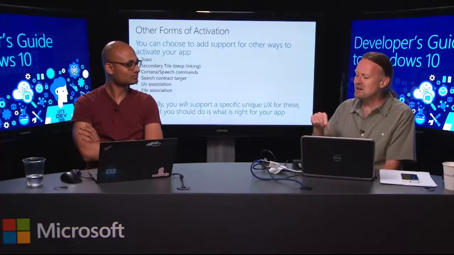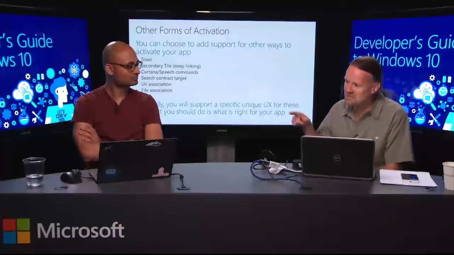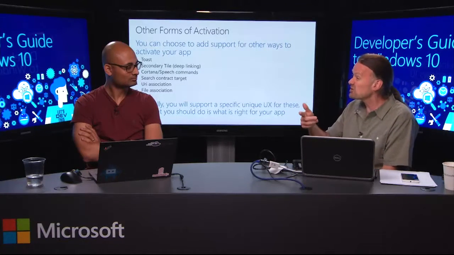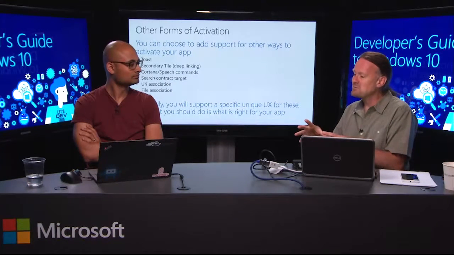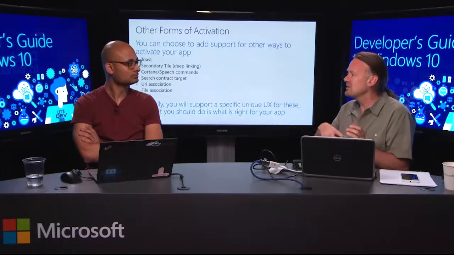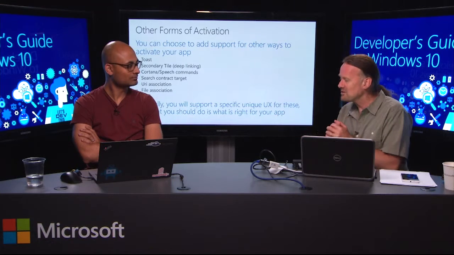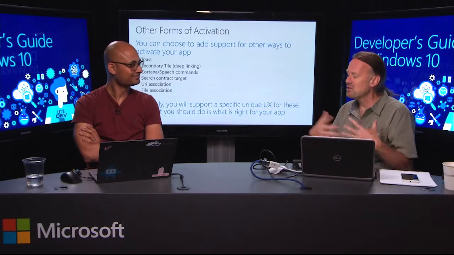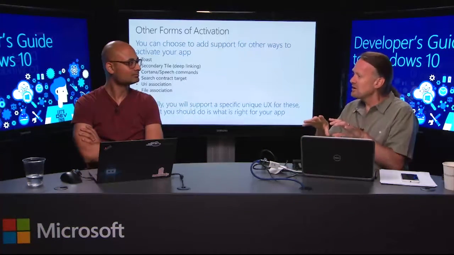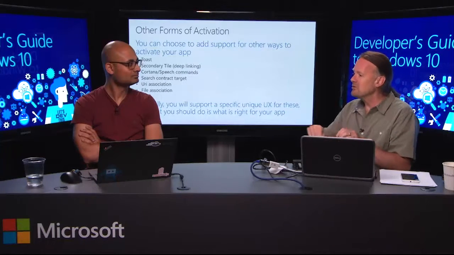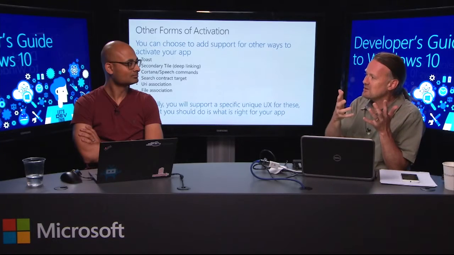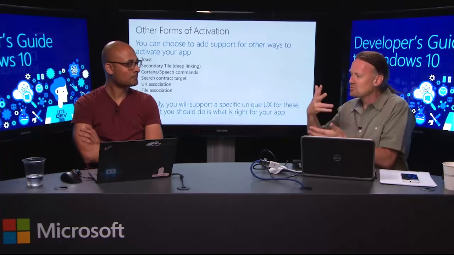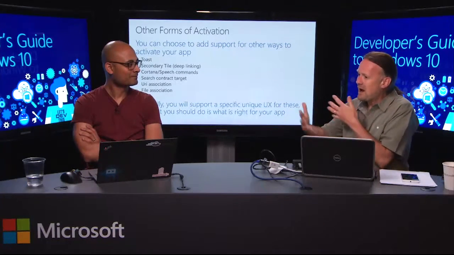There's an interesting side case though. So if, say, for example, you get a share contract activation. So you've set your app up as being something that people can share things with. So when they share from one app, your app comes up as one of the targets. And if they choose your app, then your app gets activated, and you run this little transient UI to handle that.